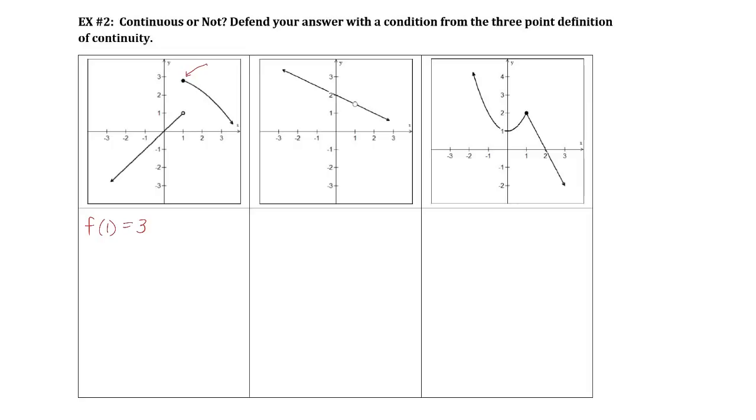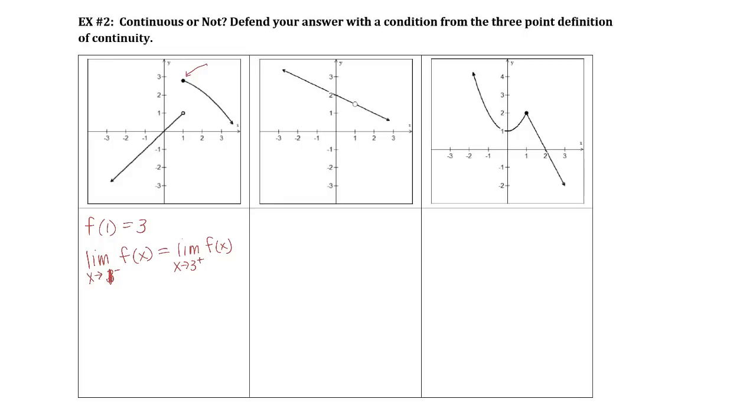Well, let's look at the next one. Let's talk about the limits. I need to know the limit as x approaches 1 from the left of our function. Does that equal the limit as x approaches 1 from the right of the function? Well, let's see.